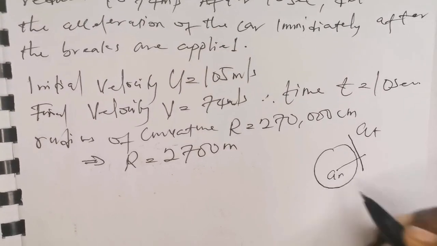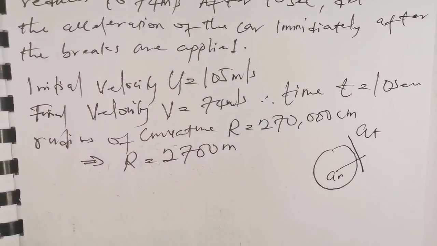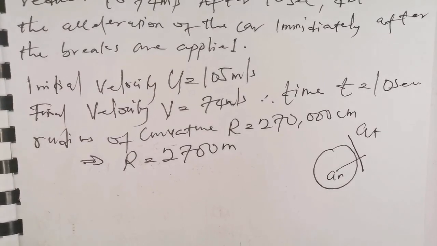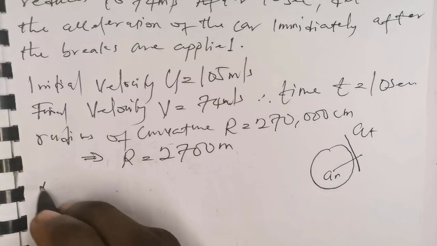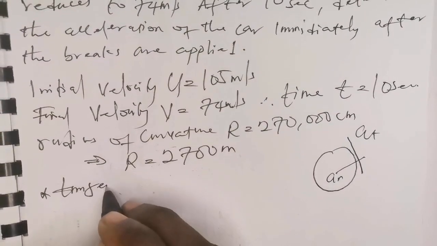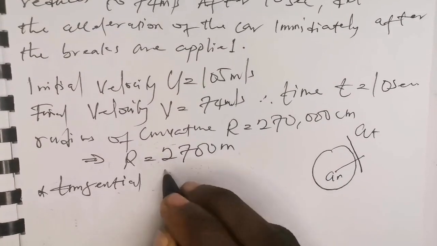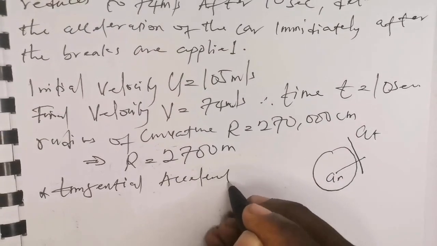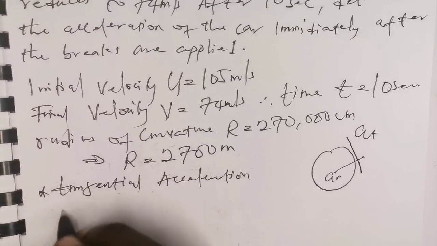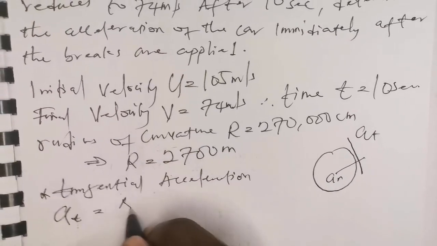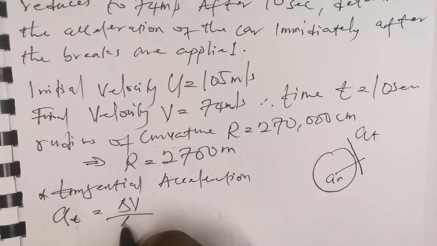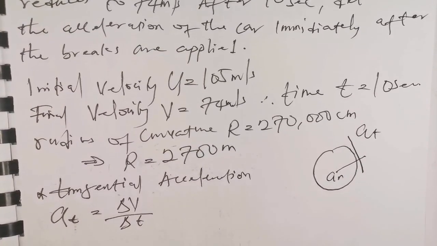So this is called a_n. Now the tangential acceleration is as a result of the motion of the particle. Tangential acceleration a_t is given as simply the change in velocity with respect to change in time. So the tangential acceleration is as a result of motion.